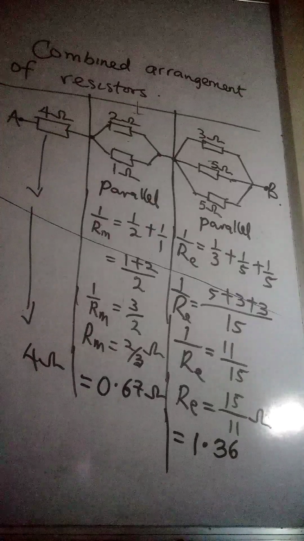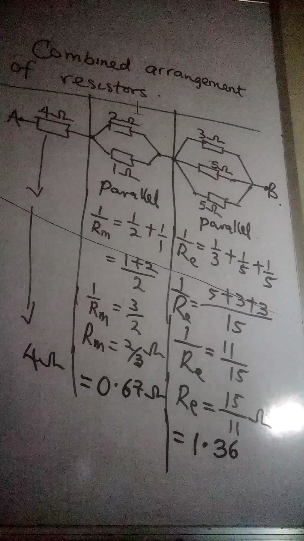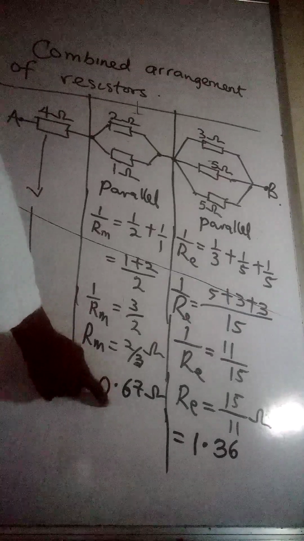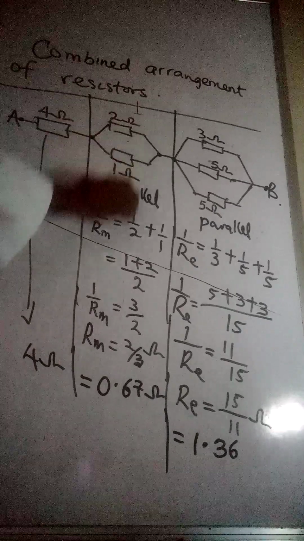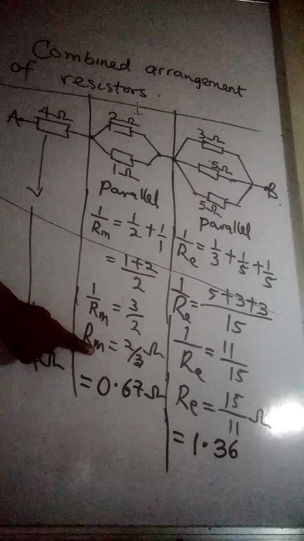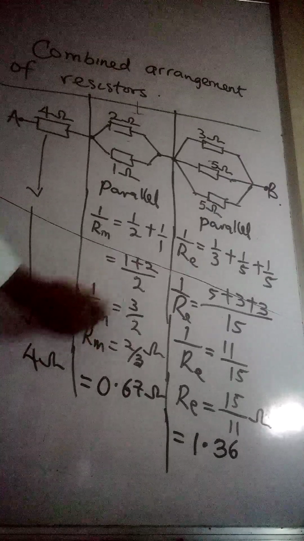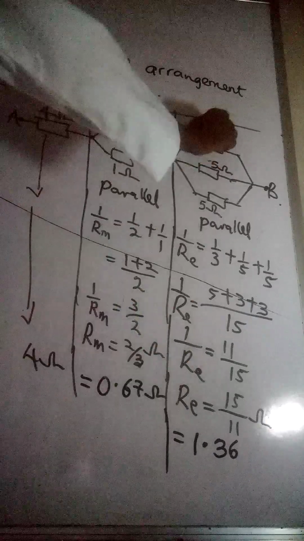If your calculation is correct, this is the result for the combined resistance for this middle arrangement. I only put M here to show that, okay, this is for the middle. I am using M as middle here. It doesn't mean anything. I put E here to show end.